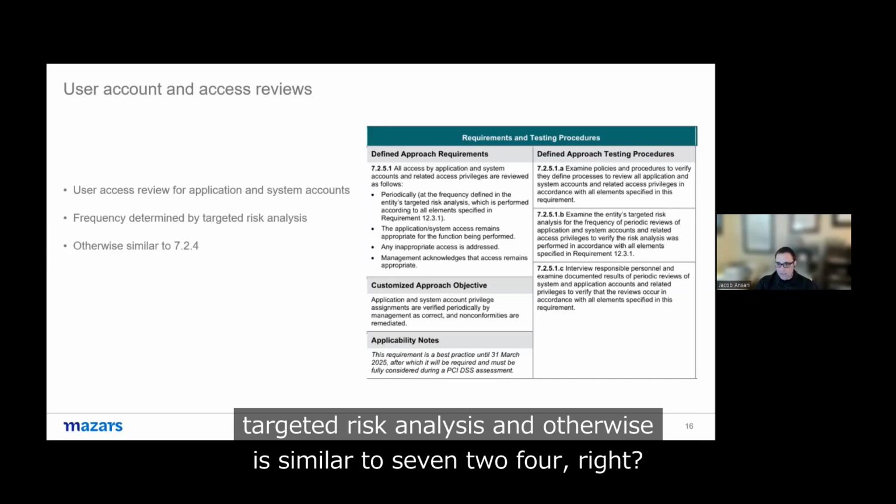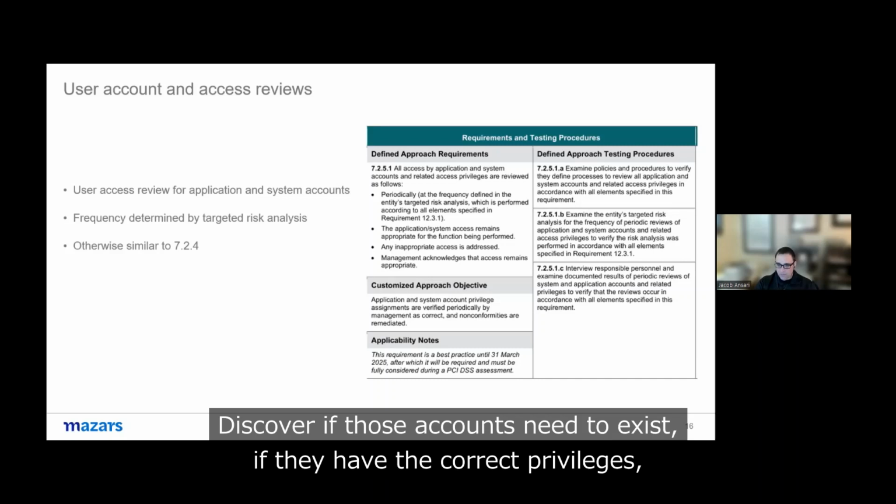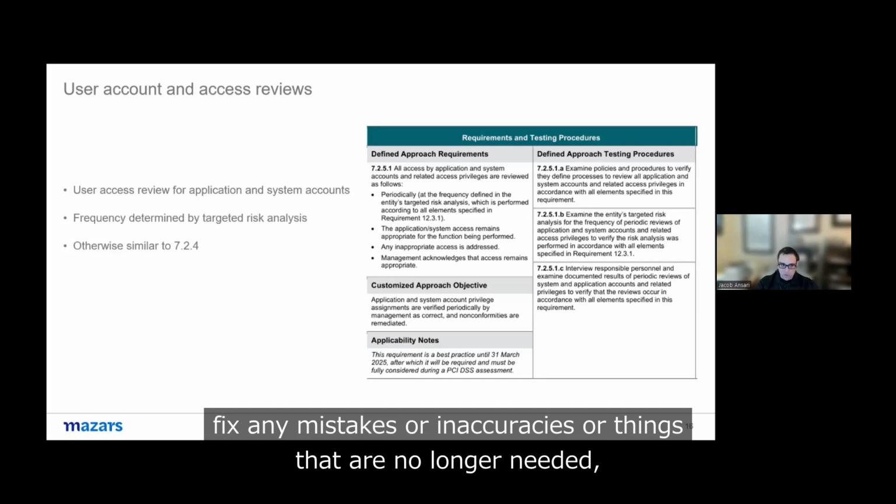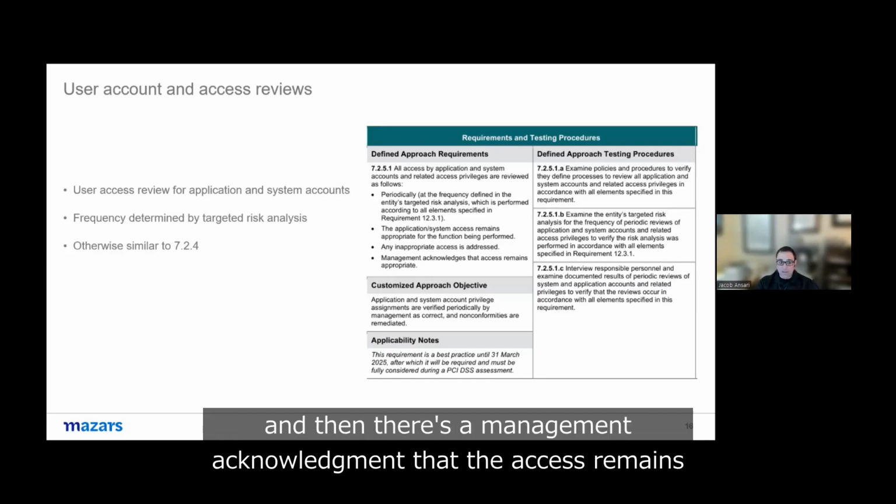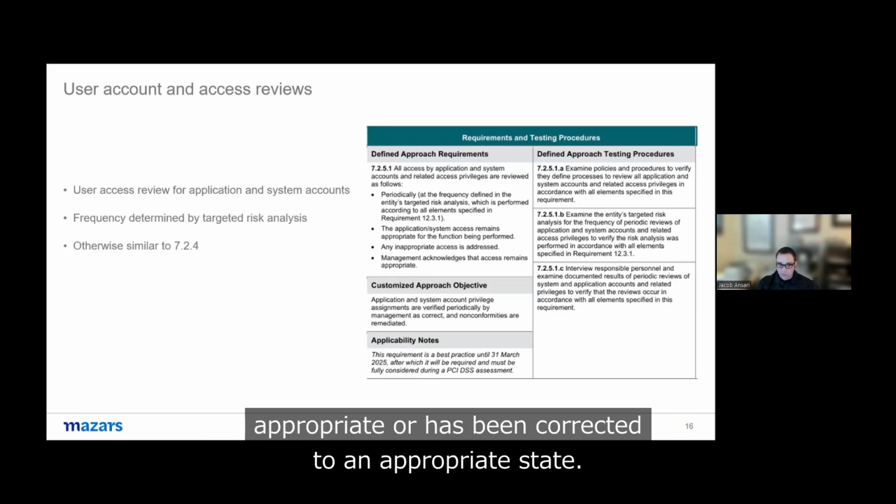And otherwise is similar to 7.2.4, right? Discover if those accounts need to exist, if they have the correct privileges, fix any mistakes or inaccuracies or things that are no longer needed. And then there's a management acknowledgement that the access remains appropriate or has been corrected to an appropriate state.